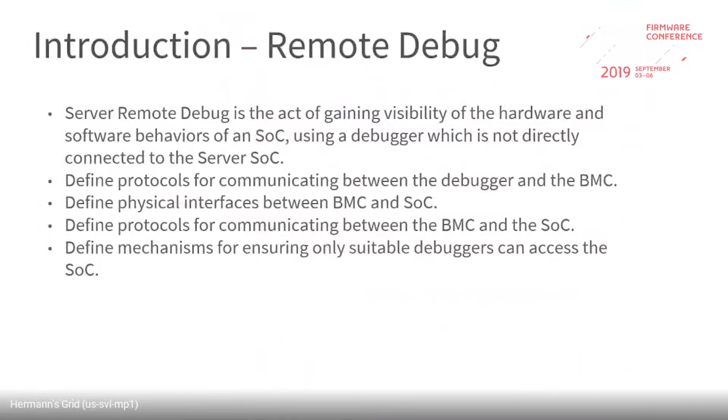The other use case which we are currently working on is remote debug. This is basically to source level debug the SOC using the BMC as a sort of pipe, where it conveys the commands from the debugger, with the debug server running on the BMC, and uses JTAG to send those commands over to the SOC host, letting the user debug it.